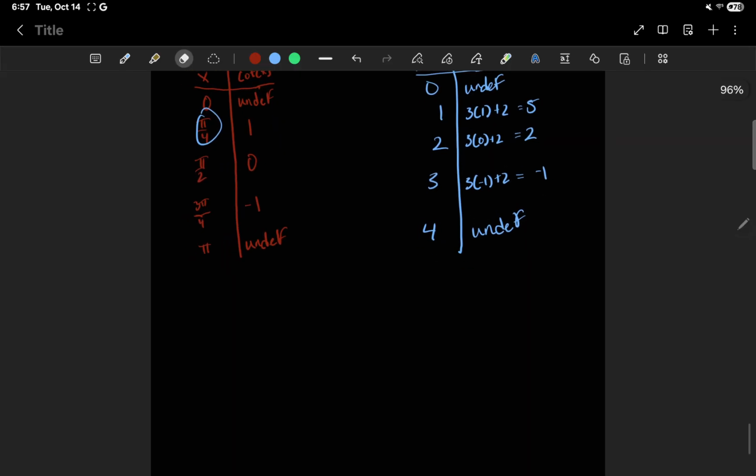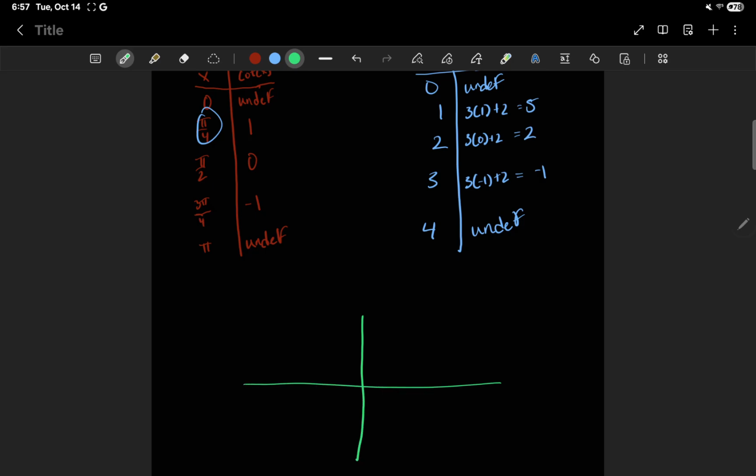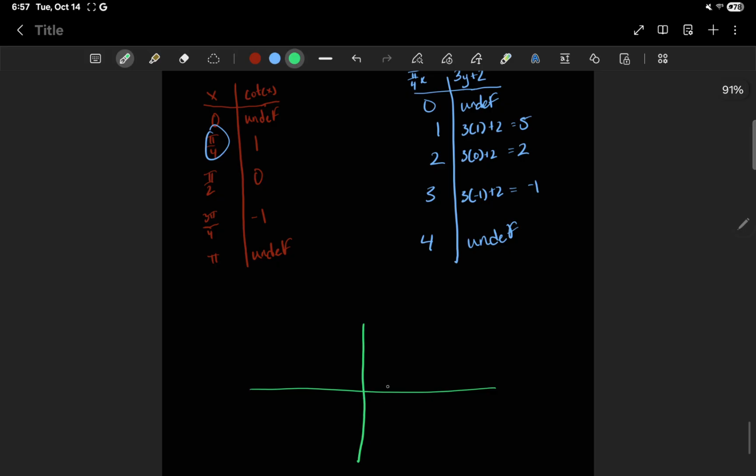So we come down here. Let's do it in green, just to have a different color. Our x values go from 0 to 4, so 0, 1, 2, 3, 4. Our y values go from undefined, that's not really a number, from -1 to 5, so -1 all the way to +5, so 1, 2, 3, 4, 5.